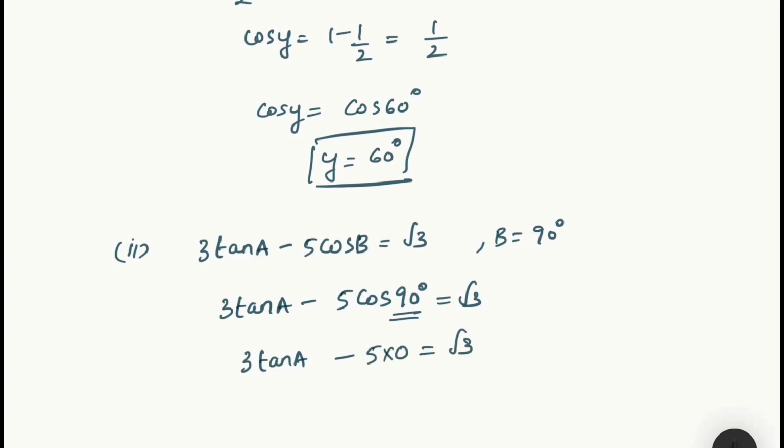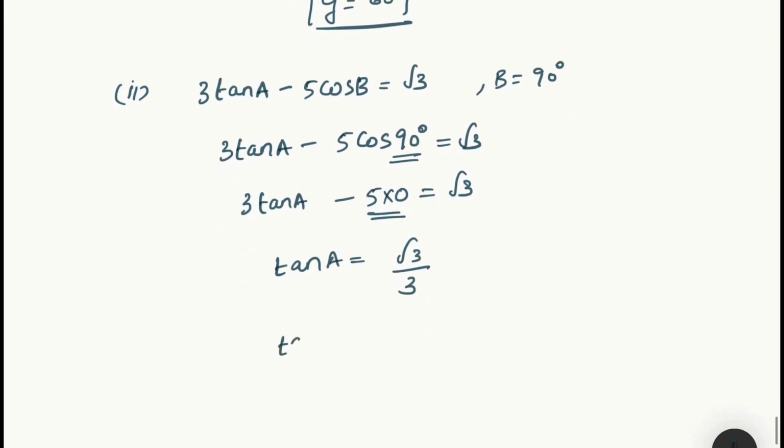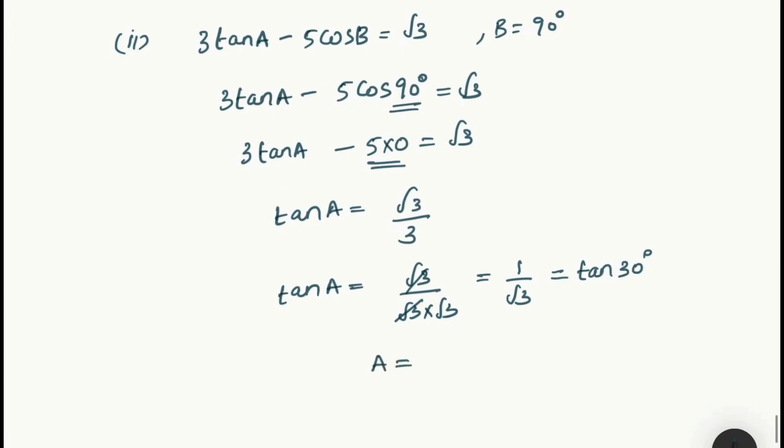So this is 0, right? So tan A equals to root 3 by 3. So this I can write as tan A equals to root 3 by root 3 into root 3. 3 can be written as root 3 into root 3. So I'll get tan A is equal to 1 by root 3. Which value of tan is 1 by root 3? That is tan 30 degree. Correct? So you'll get A is equal to 30 degree. Hope it's clear to you, children.